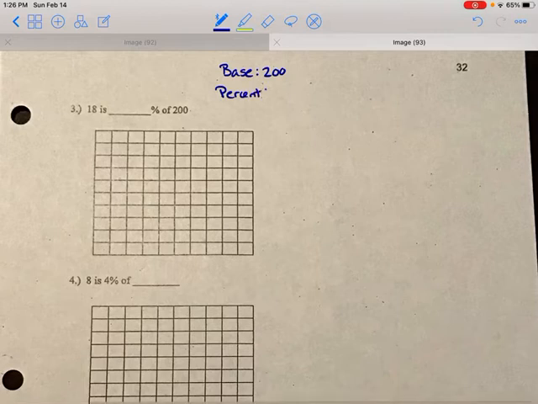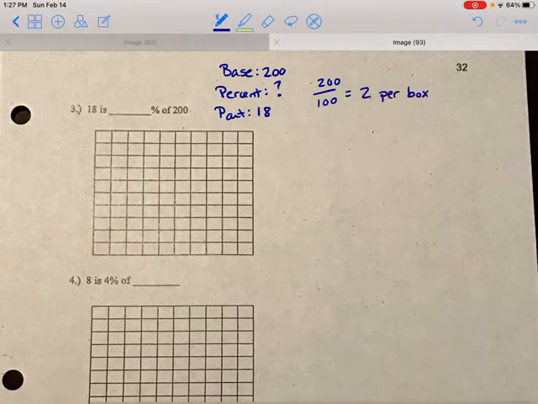In this case, we actually don't know the percent, but we do know that our part is going to be the other number, which is 18. All right, so this one's a little different because we don't have the percent, but we can still start with the base. Remember, we take the base and we want to divide that amongst all of our boxes. So I'm going to put 2 in each box.